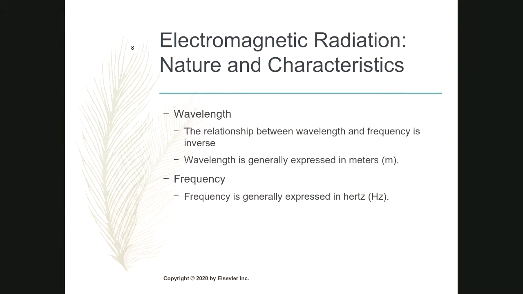So they're inversely related. Typically, wavelength is expressed in meters. Frequency, which is the number of times the wave passes in a given time frame, typically 1 second, is expressed in hertz. A hertz is typically equal to 1 cycle per second.